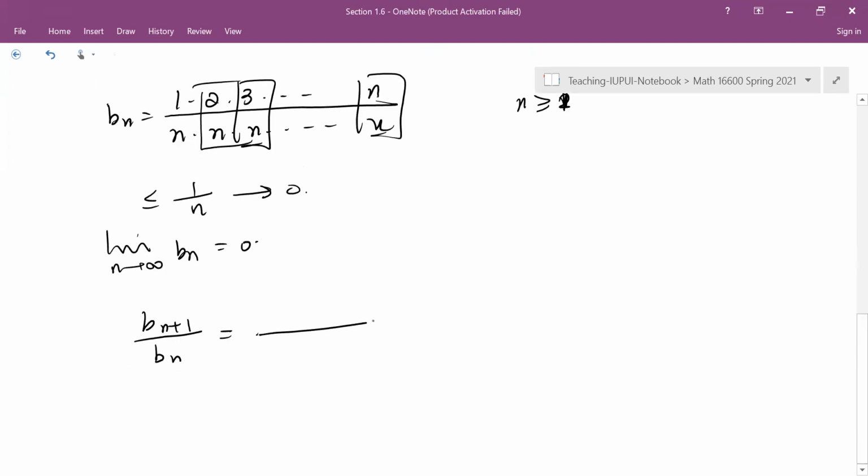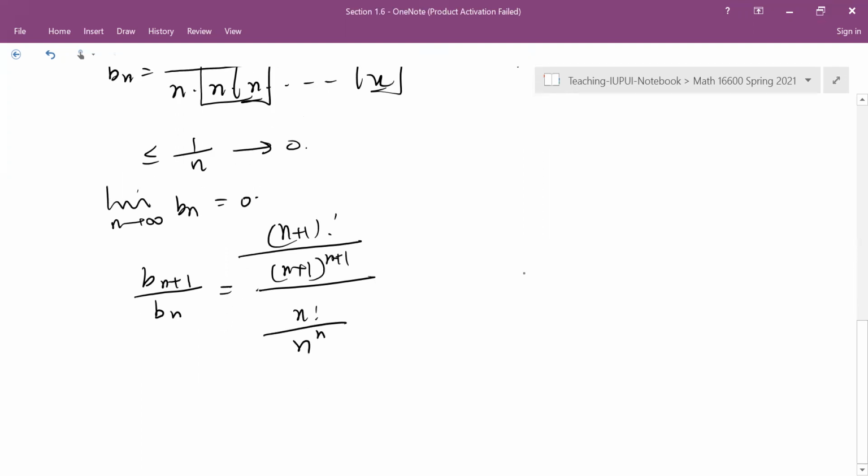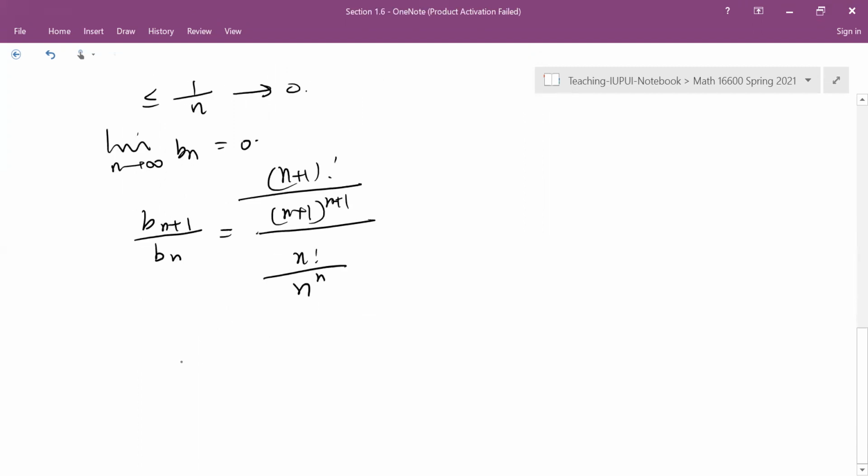So this is going to be n plus 1 to the n plus 1, here's n plus 1 factorial. We want to make sure this is less than or equal to 1. Then it's decreasing, right? So that is going to be n plus 1 factorial over n plus 1 to the n plus 1 and n to the n factorial.